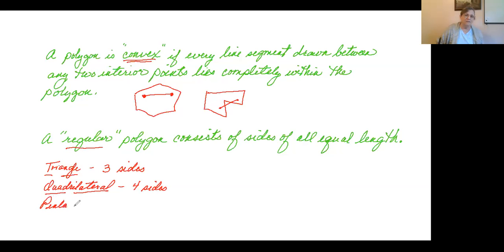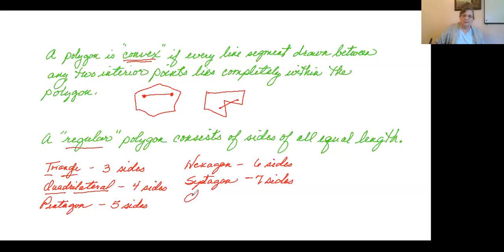A pentagon, penta means 5, so a pentagon has 5 sides. Six sides is a hexagon. Seven is a septagon. Eight is an octagon.